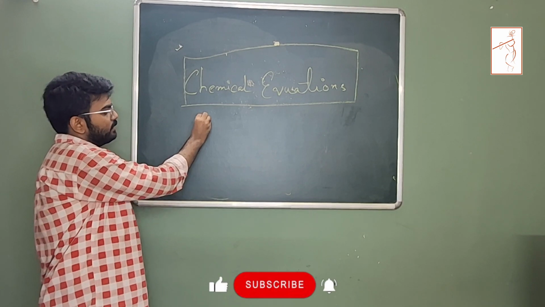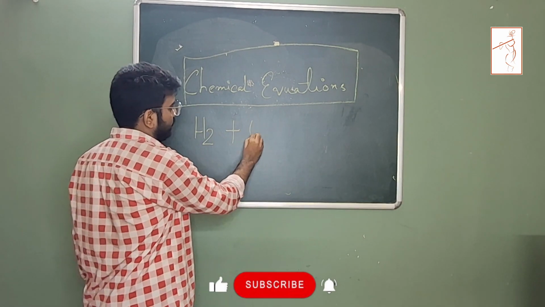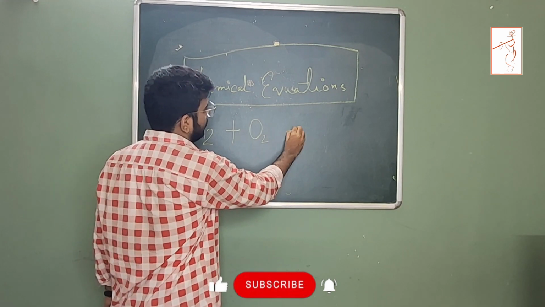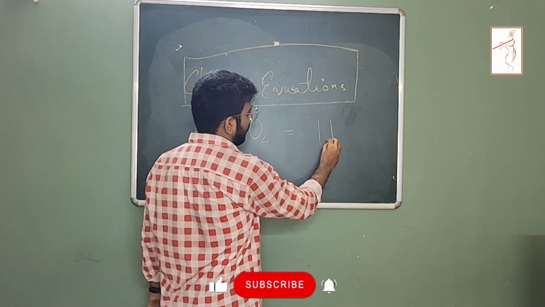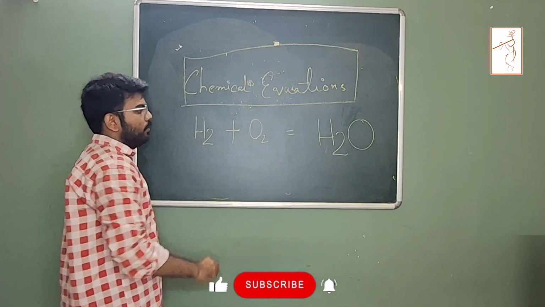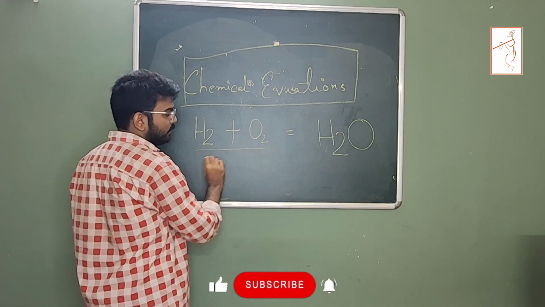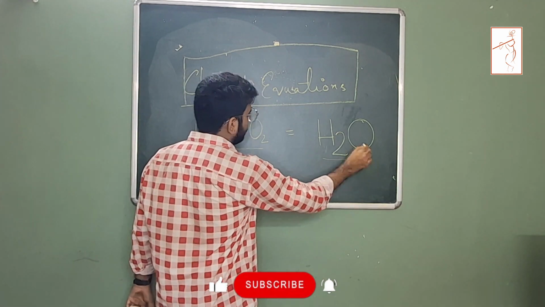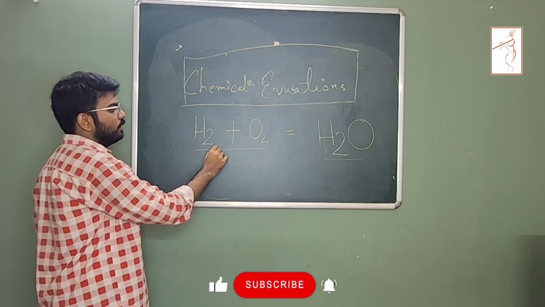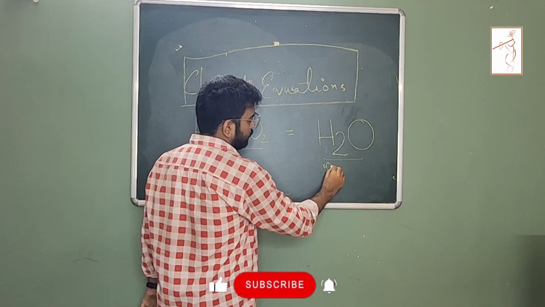The easiest reaction is water formation. So what we see here, these are the reactants, and this is the product. Hydrogen and oxygen react with each other, giving the product water.